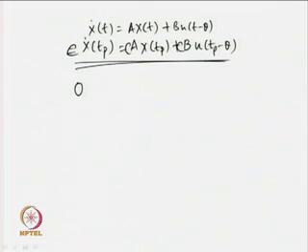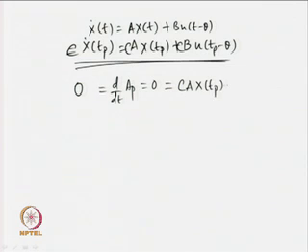But the left hand side is equal to 0, because you have seen that the first order differentiation of the peak amplitude has to be 0. So, this is equal to C A x Tp plus C B u(Tp minus theta). But when the peak occurs, if we look at the output waveform, the peak occurs after time t equal to t 1.